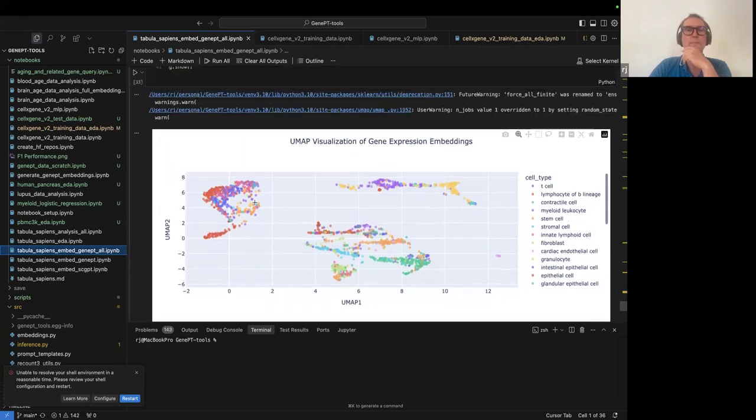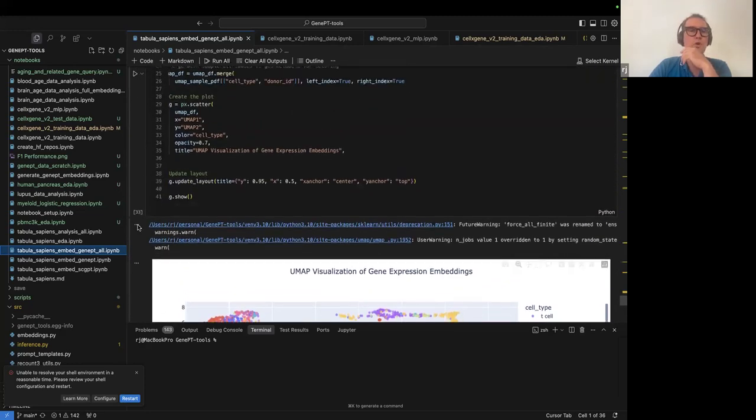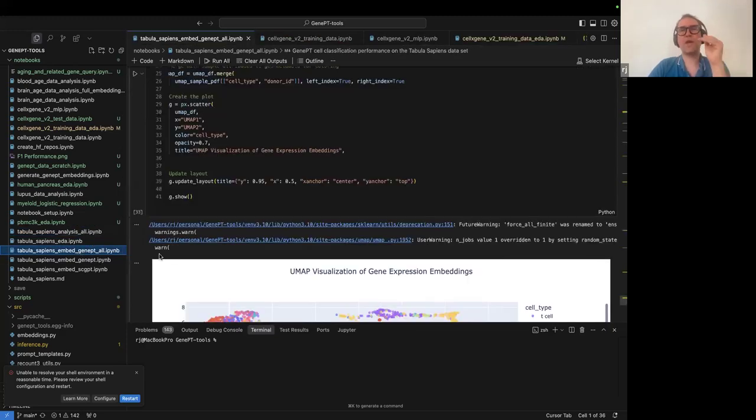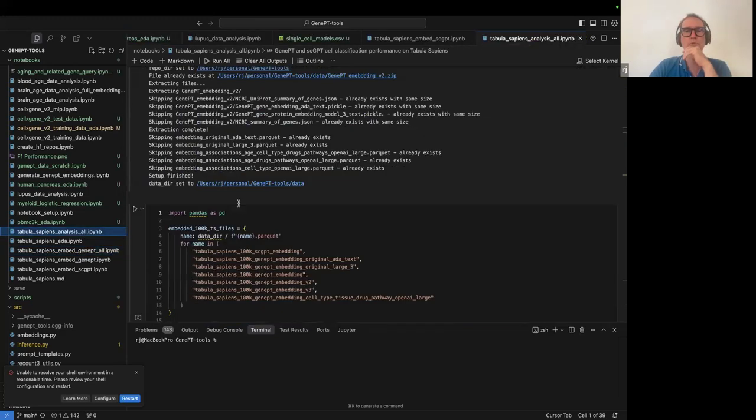So this code was the embedding, and then there's this analysis one. To be clear, this is after you have the embeddings, then what do you do?